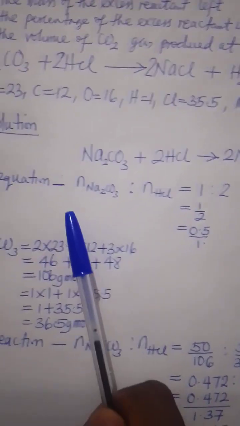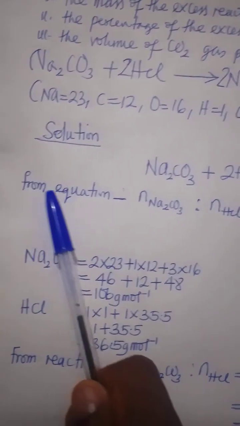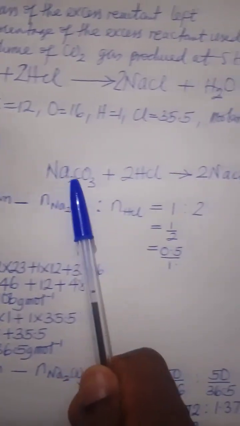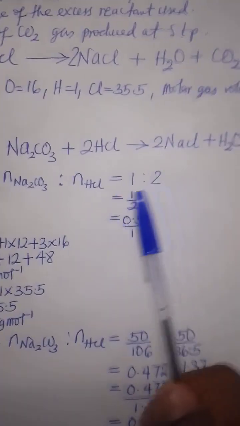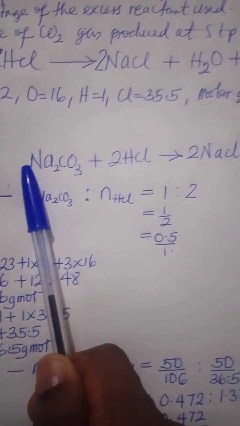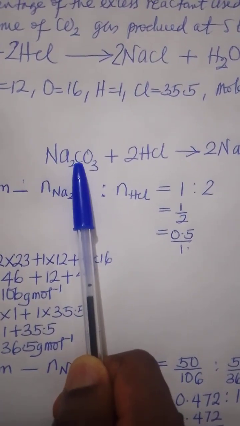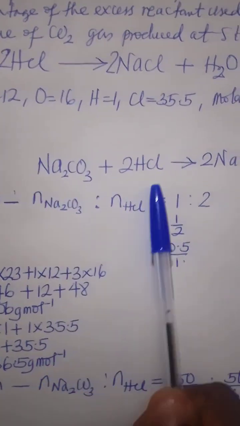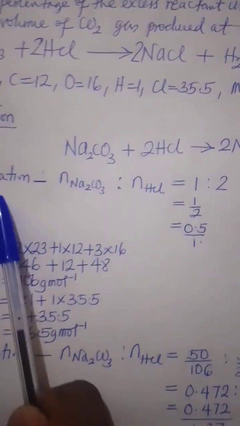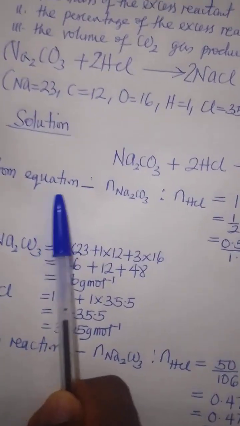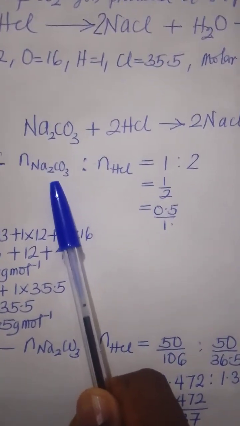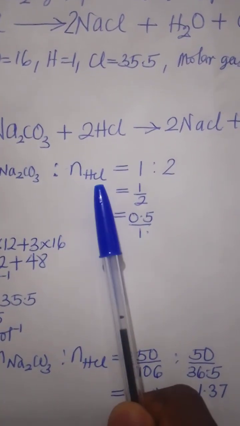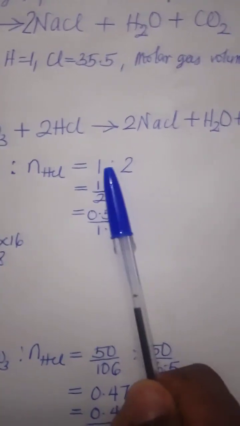And so we now say from equation, that is, from this equation, that's where you start the whole problem from. If you look at the stoichiometric coefficient of sodium trioxocarbonate 4, that's 1, that of HCl is 2. So from the equation, number of mole of sodium trioxocarbonate 4 to number of mole of HCl is 1 to 2.